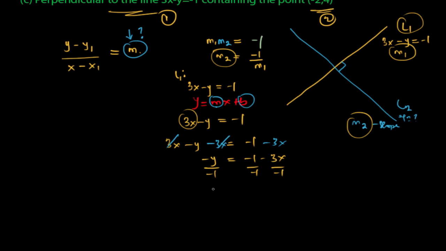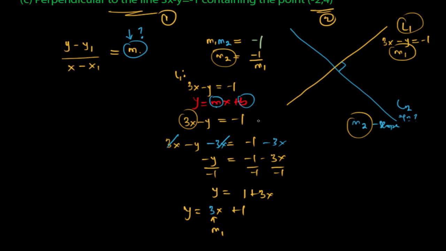So we have y equals 1 plus 3x, or in other words, y equals 3x plus 1. Now this 3 is the slope, that is, this 3 is m1.